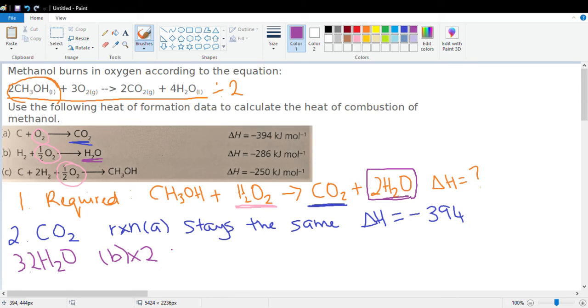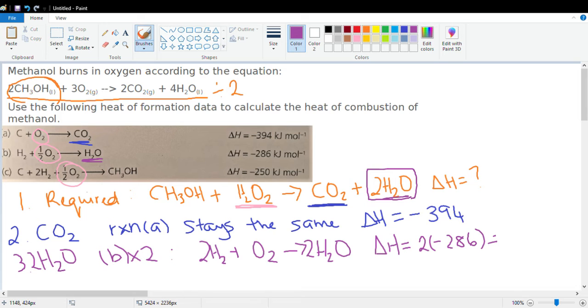And that's going to give us 2H2 plus O2 giving us 2H2O. And the delta H for that is, if we multiply the equation by 2, we have to multiply the delta H by 2. So it's 2 times minus 286, which gives us minus 572 kilojoules per mole.